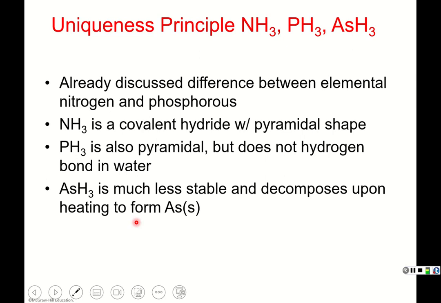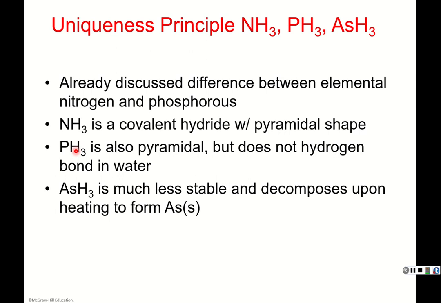So if we look at the uniqueness principle with respect to these hydrides, NH3 is a covalent hydride with a pyramidal shape. PH3 has the same shape, but does not hydrogen bond in water. So there are some differences between NH3, which undergoes hydrogen bonding very extensively, and PH3, which does not.